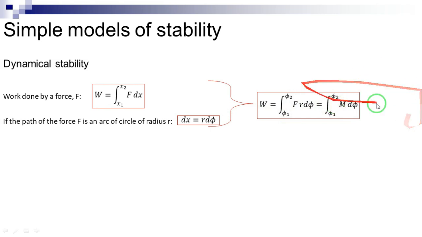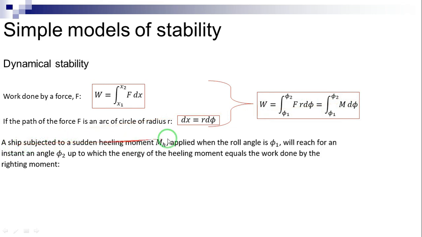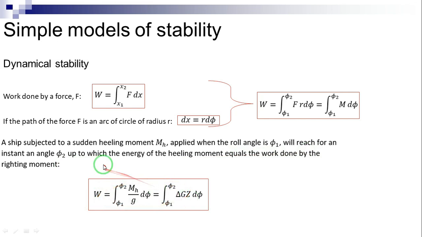A ship subjected to a sudden heeling moment, mh, applied when the roll angle is phi 1 will reach for an instant an angle phi 2, up to which the energy of the heeling moment equals the work done by the righting moment, as shown here.